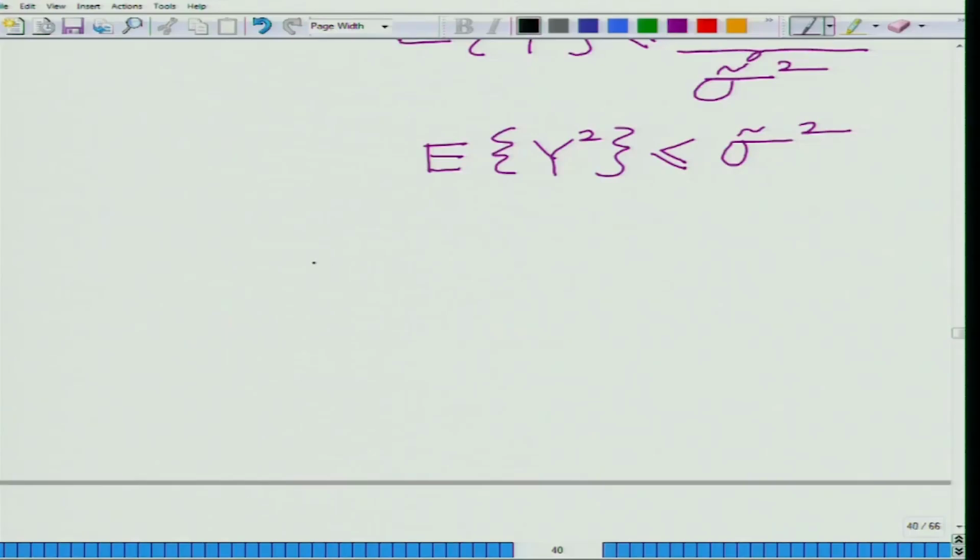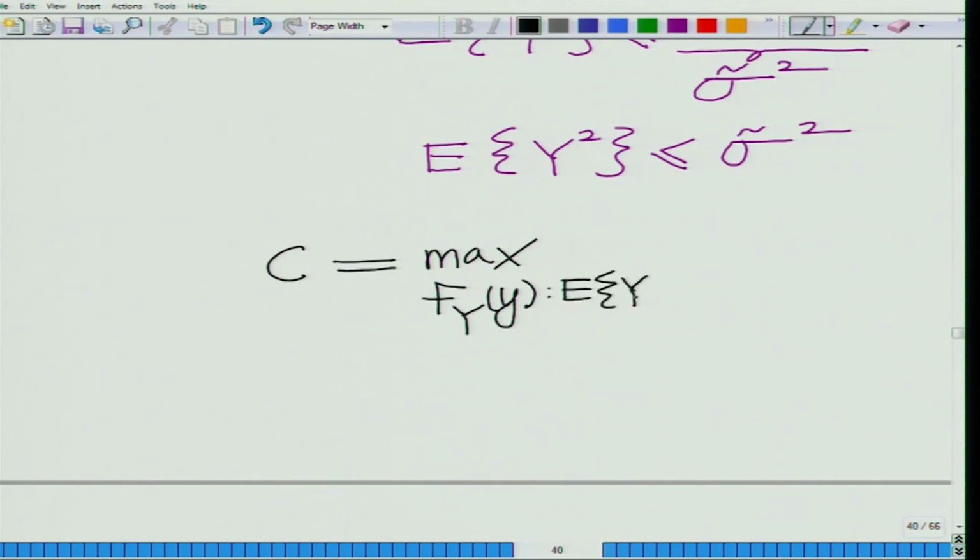That is what I am going to do. So, I write C equal to max, now over, instead of f of x, choose the probability density function of y such that expected y square is less than or equal to sigma tilde square, maximize the mutual information between x and y.